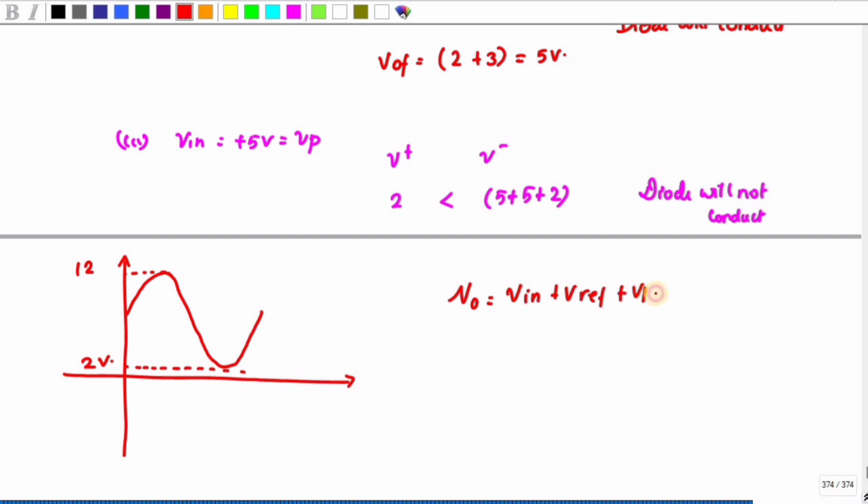V in value ranges from minus 5 to 5, V reference value is 2, and VP value is charged to 5. So it is nothing but V in plus 7.